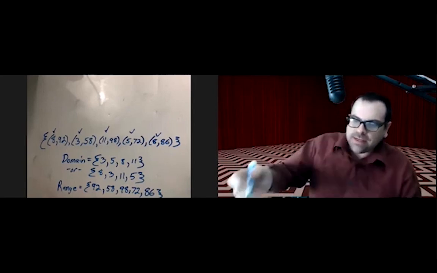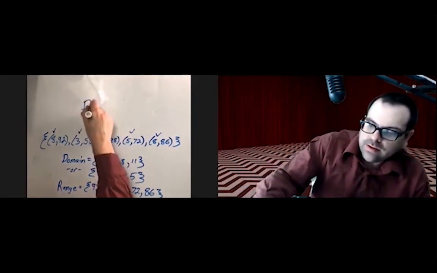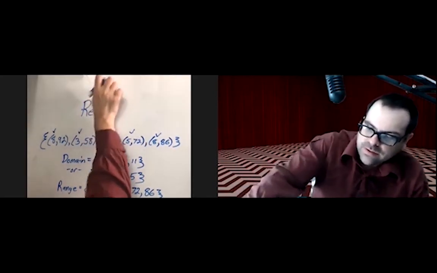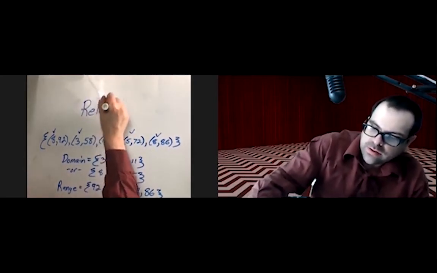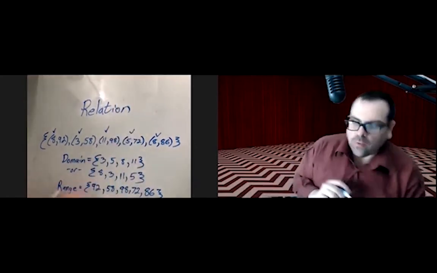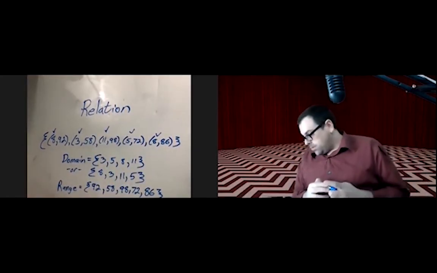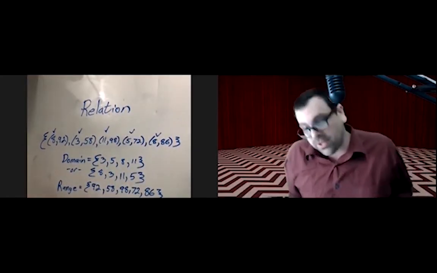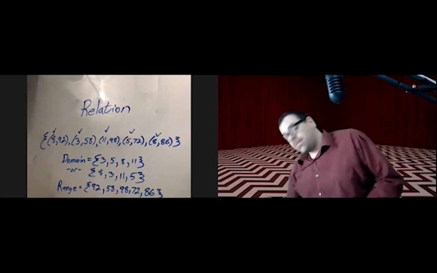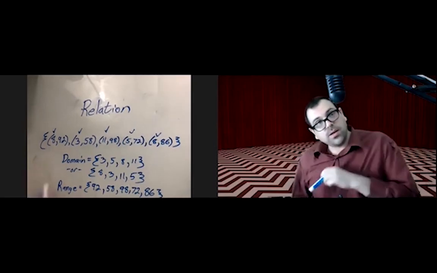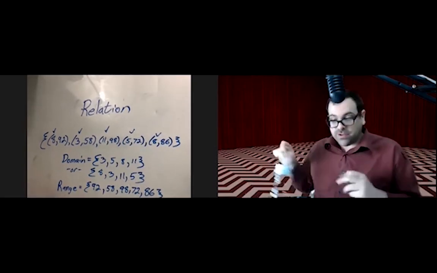Now, like I said, a set of ordered pairs is always called a relation. We have a special type of relation called a function. This would not be a function.